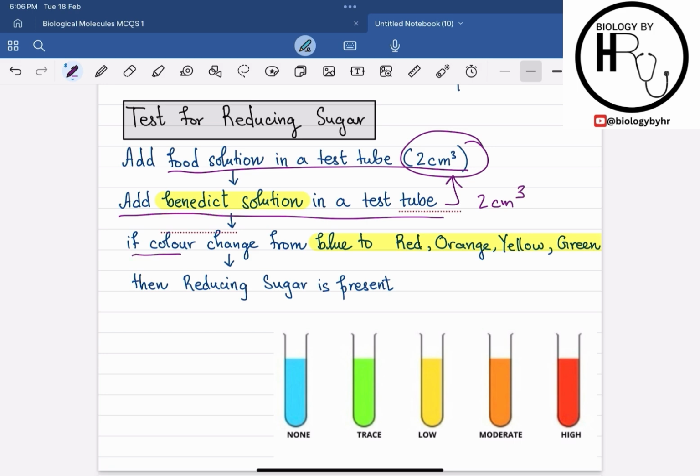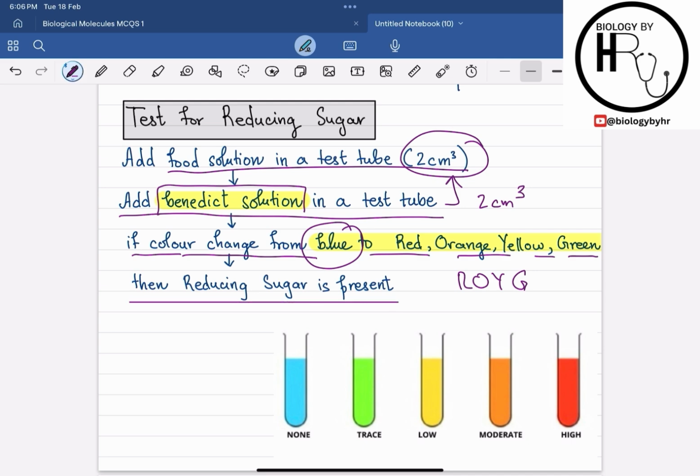Now when we add the Benedict solution to the food solution in the test tube, we observe the color change. The original color of the Benedict solution is blue. If it changes from blue to green, yellow, orange or red, it means that reducing sugar is present.